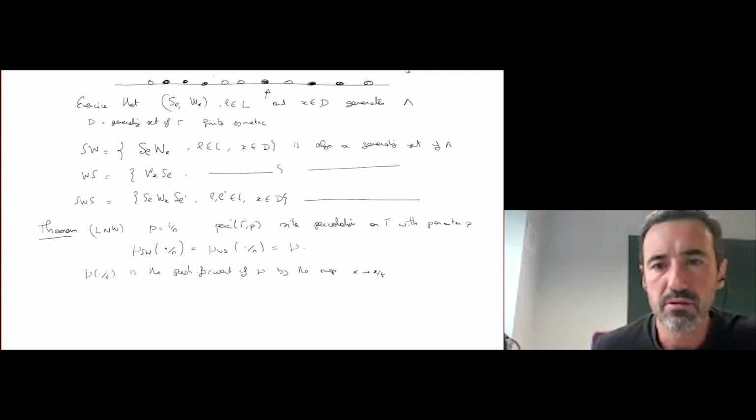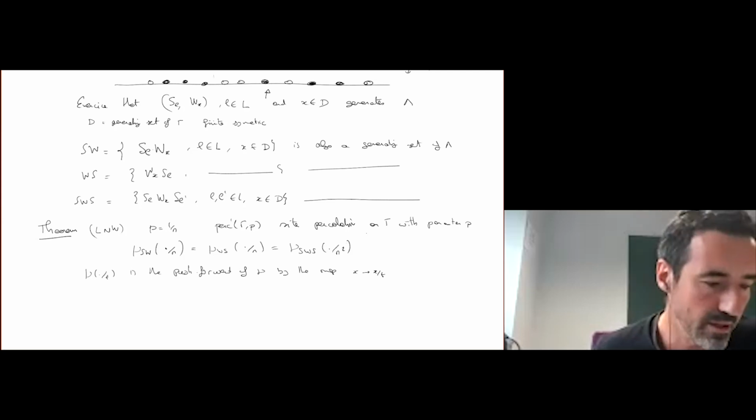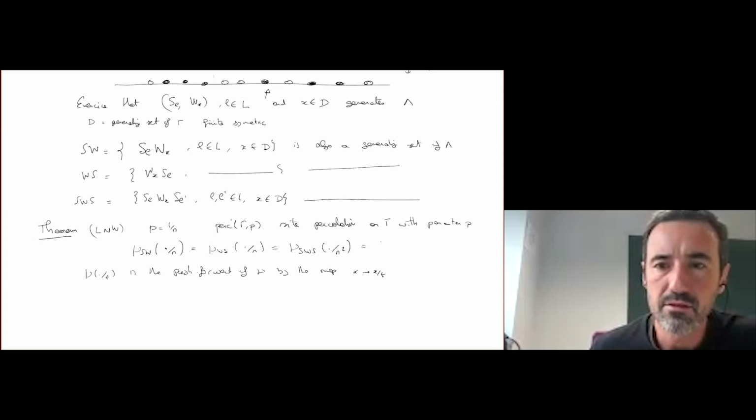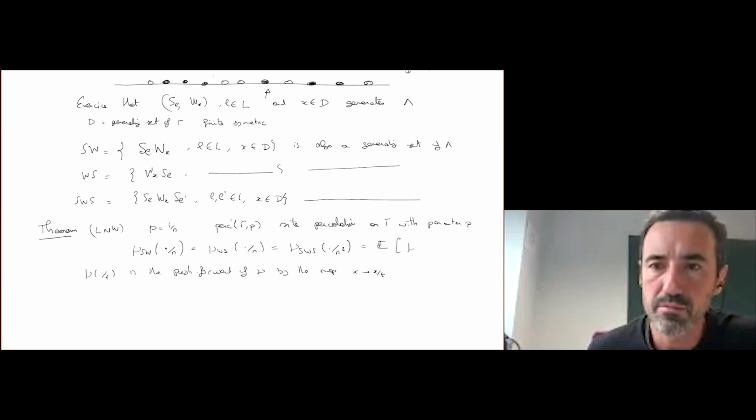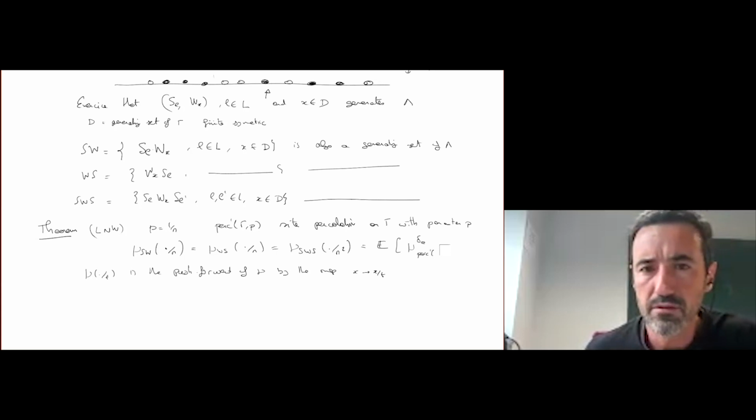This is also equal to the same system, but you have to rescale by 1 over n squared. And this is equal to the expectation of the spectral measure at the unit of the group of the site percolation graph with parameter p.